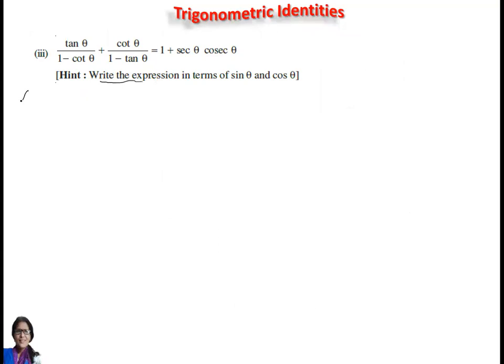Okay. So LHS, start from tan theta by 1 minus cot theta plus cot theta upon 1 minus tan theta.